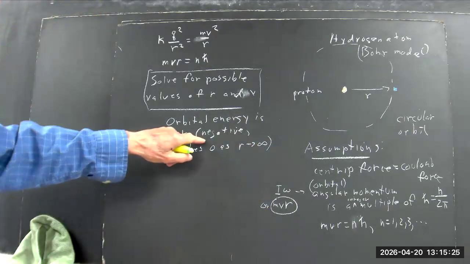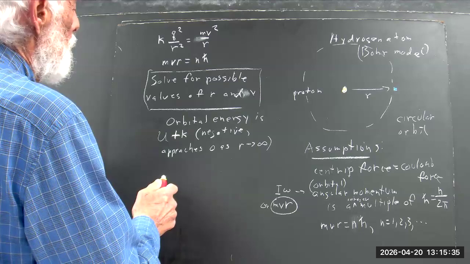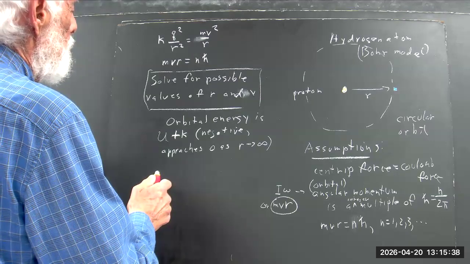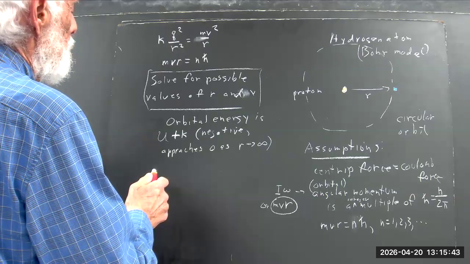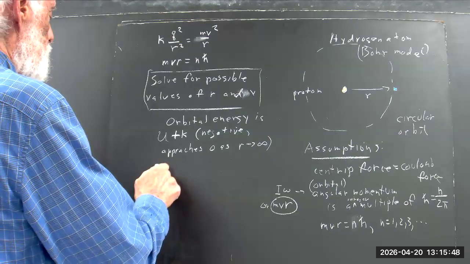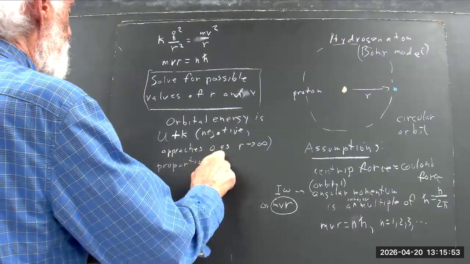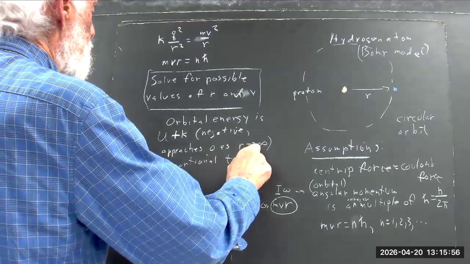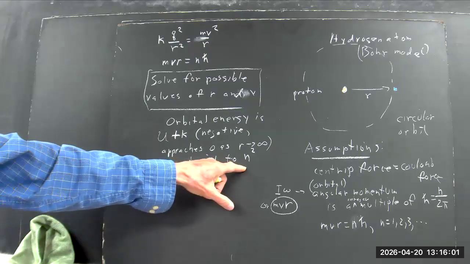U plus K is negative, and approaches zero as R approaches infinity. Okay? And that energy is proportional to the reciprocal of n squared.